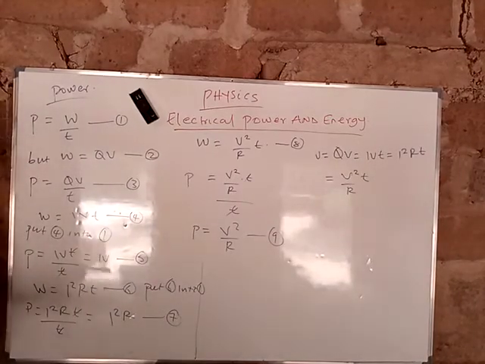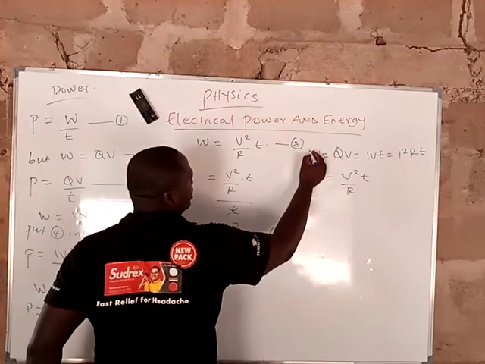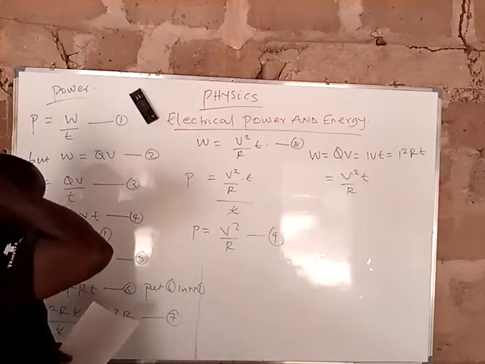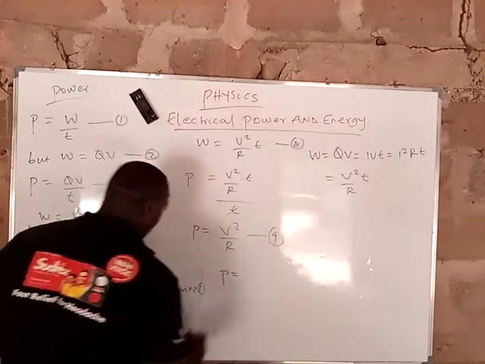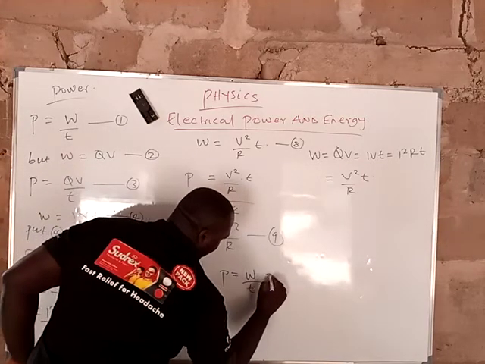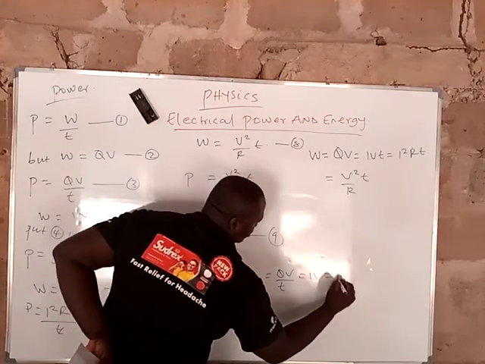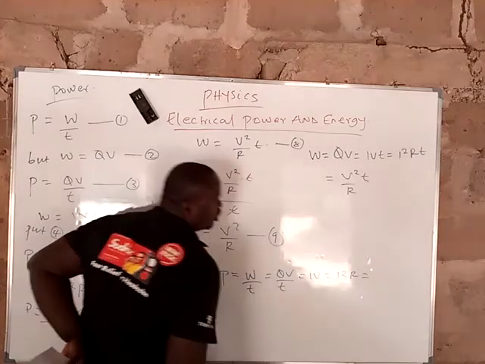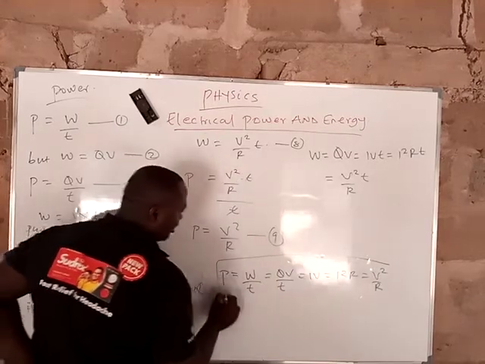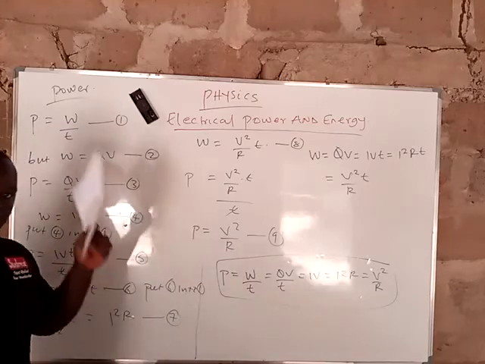Now, the same thing I did when I was defining electrical energy, I also want you to know that power is energy all over time, which is QV all over T, which equals IV, which equals I square R, which also equals V square all over R. All these are definitions of power, which I'm going to use for my calculations.